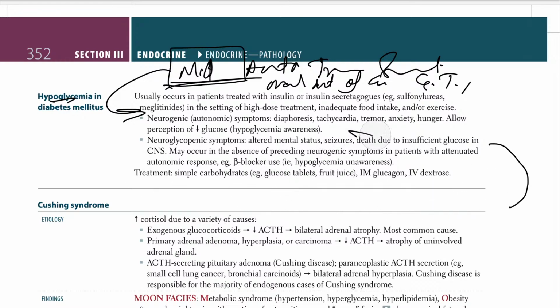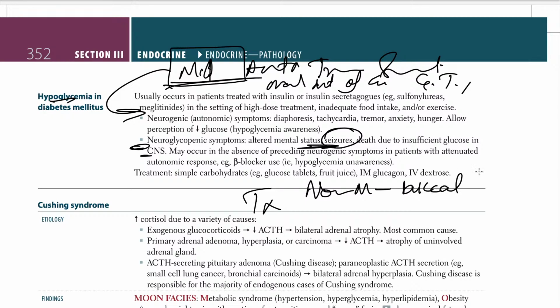Either you see on the roadside someone who's a diabetic patient going into altered mental status and seizures, you think it's glucose, and in a non-medical setting, you can give them buccal or sublingual glucose.